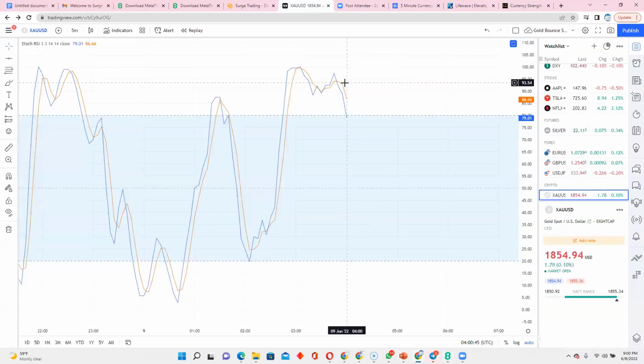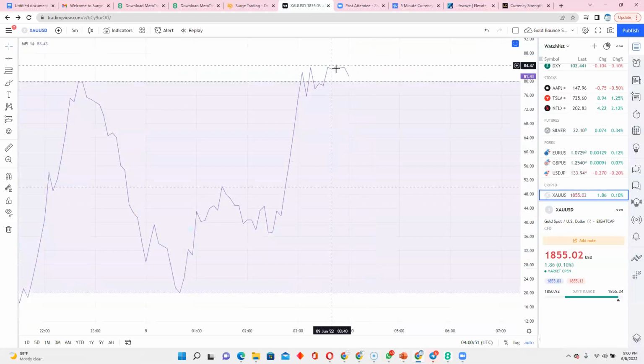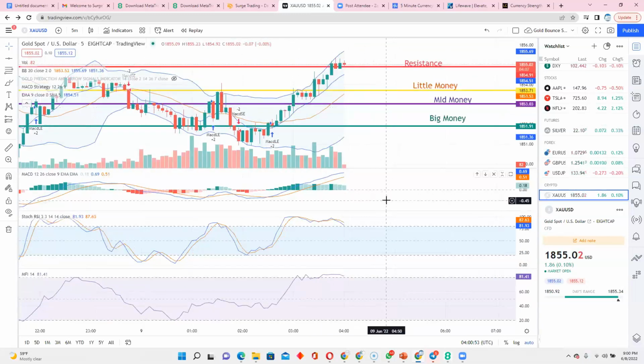See right here, it's saying it's going down. Look at this. It's saying it's definitely going down. Money flow's pointing down. Everything is saying this should be going down. It's kind of consolidating right here for the last 3 candles. But everything is telling us this is going down.